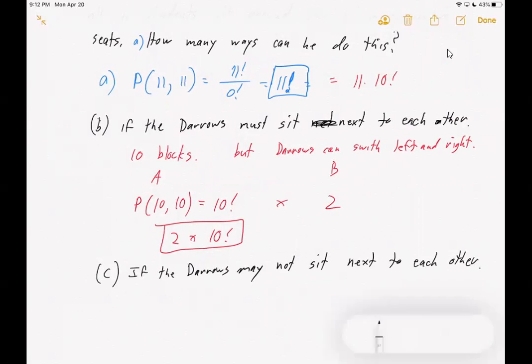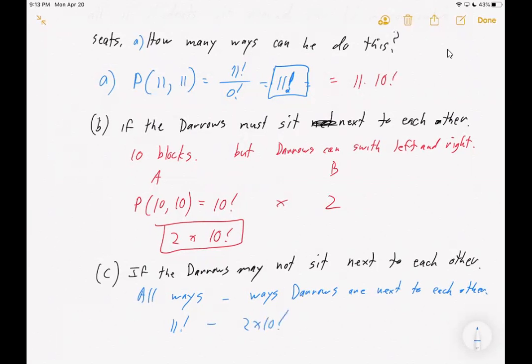So what we're going to do is take all the ways that students are seated minus the ways that the Darrows are next to each other. That's just the answer to A, which was 11 factorial, minus the ways that they are next to each other, which was 2 times 10 factorial.